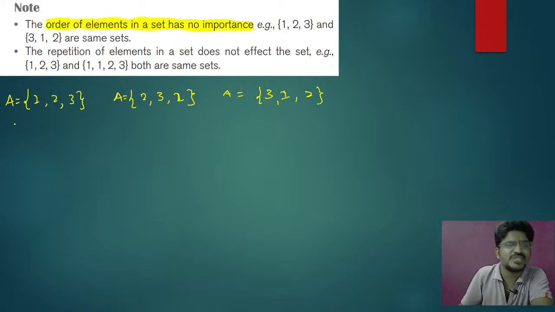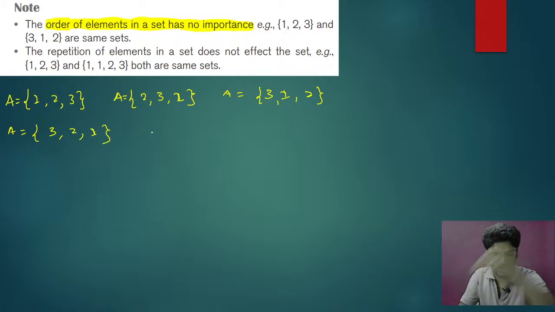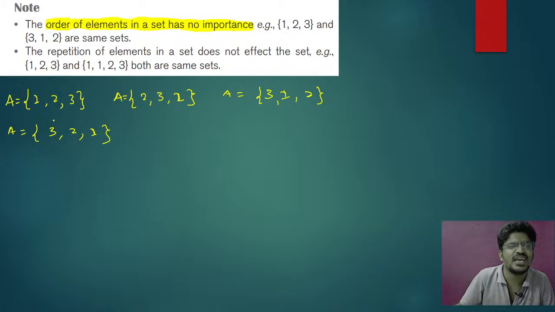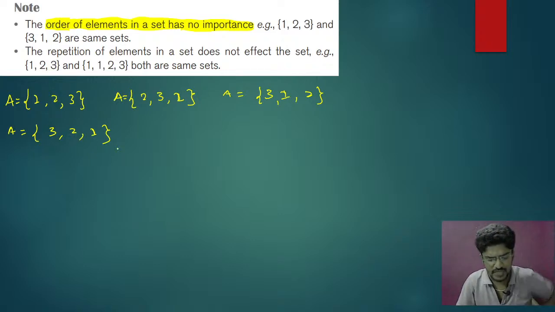Okay, the same set can also be written as 3, 2, 1. So that means the elements inside the set are the same, but they are in different orders. It doesn't mean that they are not the same sets. They are all the same set. Here you can write any element at any position. You have independence of that. Clear?